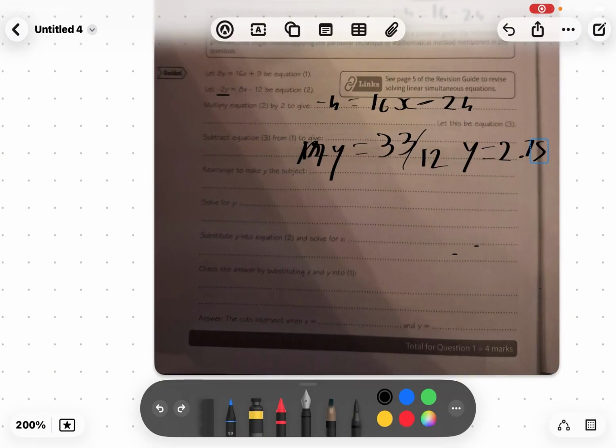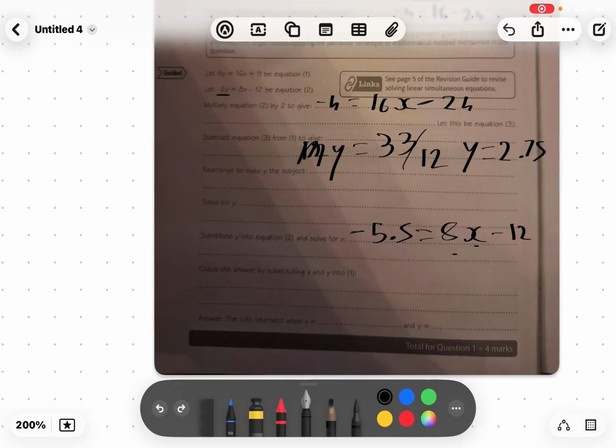So we have 2 y's, so that will be negative 5.5 equals 8x minus 2. Now we want x on its own, so we just transform this.